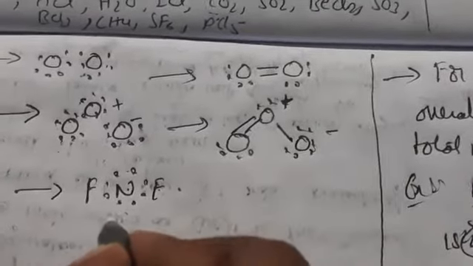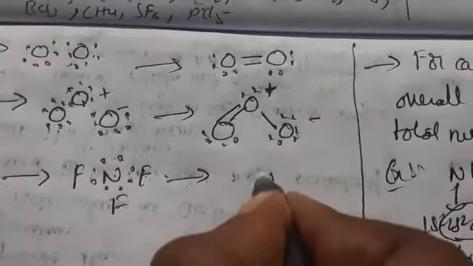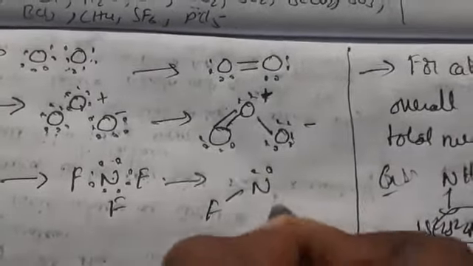So for NF3 this can be represented as 1 lone pair and 3 bond pairs. These are the examples we are taking here.